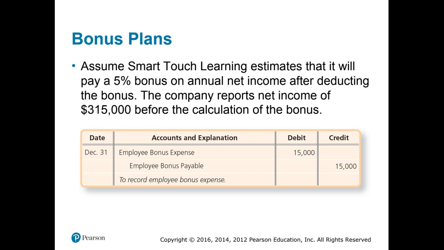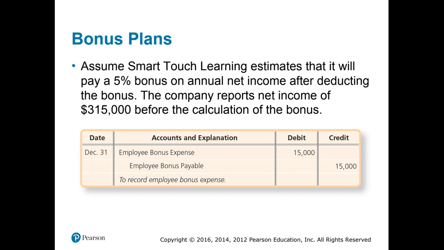So they took the bonus percent times net income before the bonus. They divided that by 1 plus the bonus percent. So to plug those numbers in, we were told the bonus was 5%.